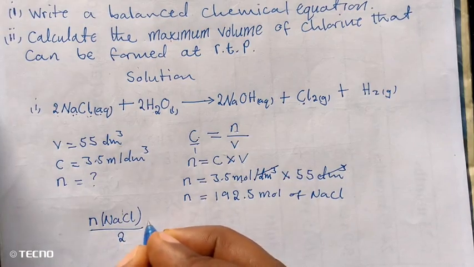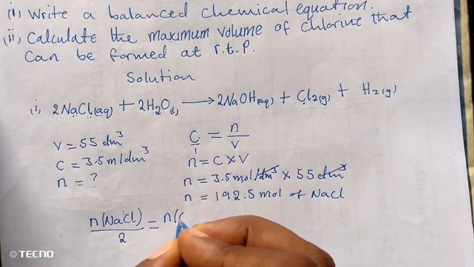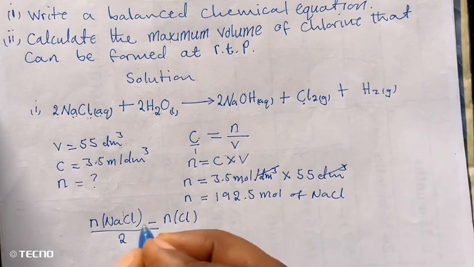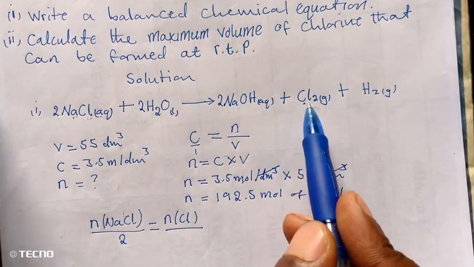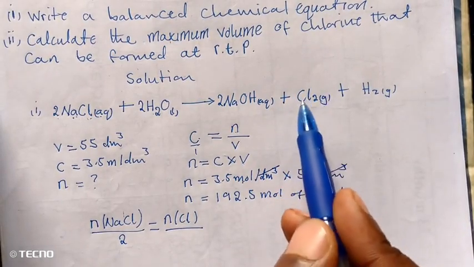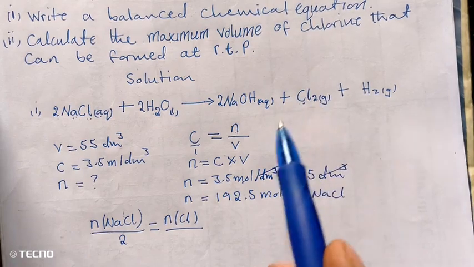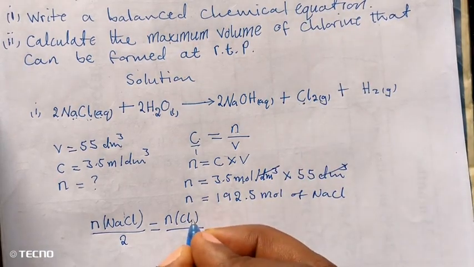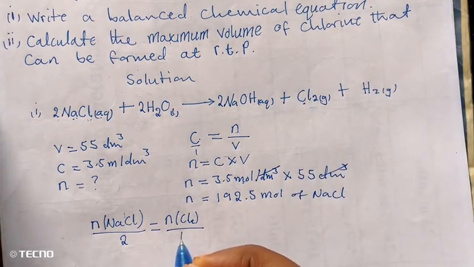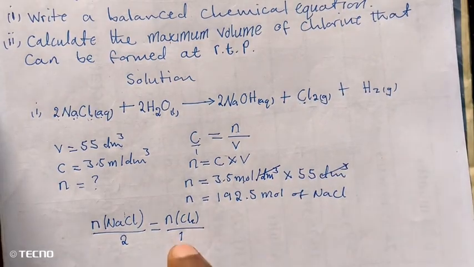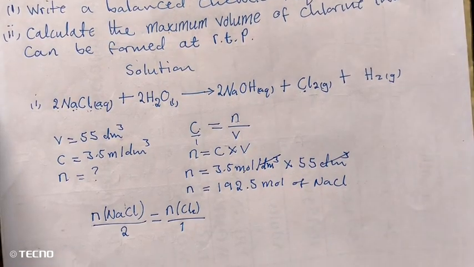So write 2 on that side, then the moles of chlorine gas, whose coefficient is just 1, so down there I'll say 1. These numbers down represent the coefficients of the compounds.